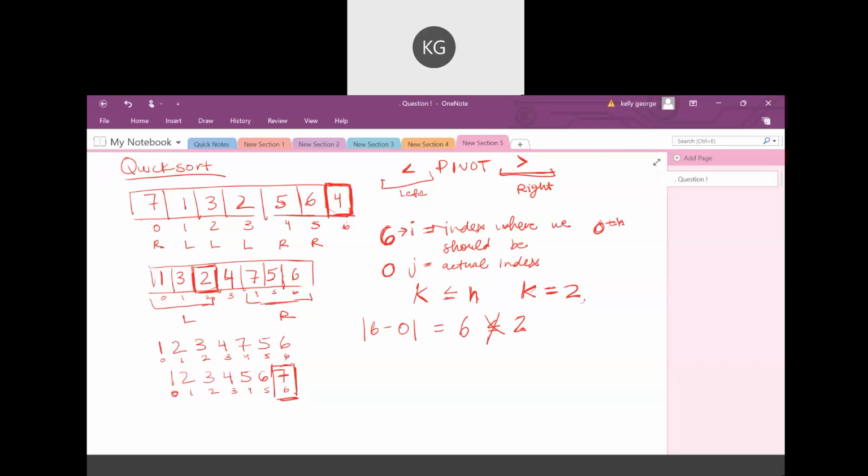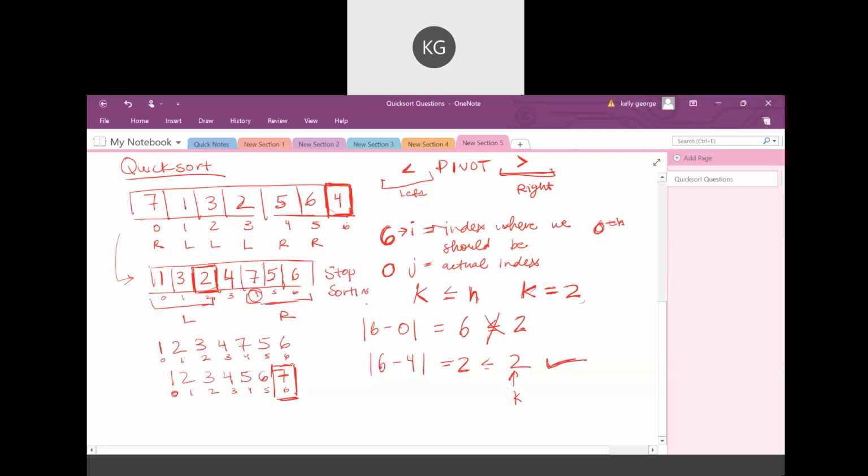So now we did one step of our quicksort algorithm. And now we look, where is our 7? Our 7 is in the 4th index, and the actual index that 7 should be in is 6. If we do 6 minus 4, we'll see that's equal to 2, and 2 is less than or equal to 2. So this passes, and we can stop sorting here.